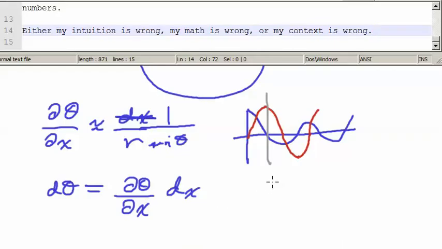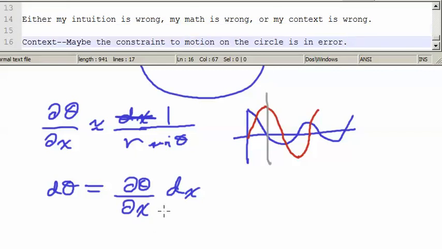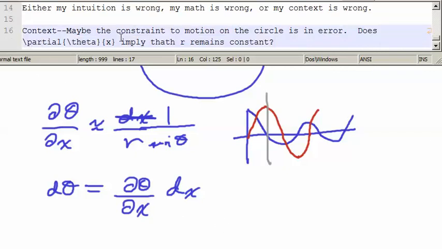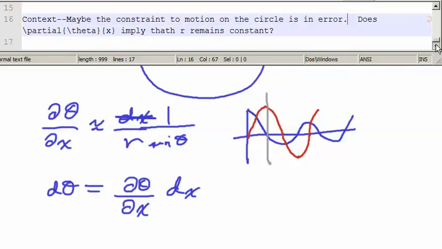Let's see, either my intuition is wrong, my math is wrong, or my context is wrong. With context, maybe the constraint to motion on the circle is in error.